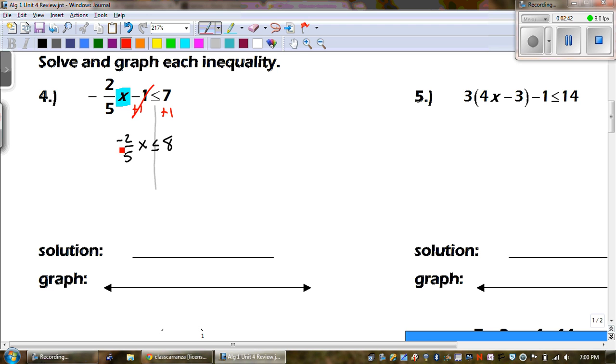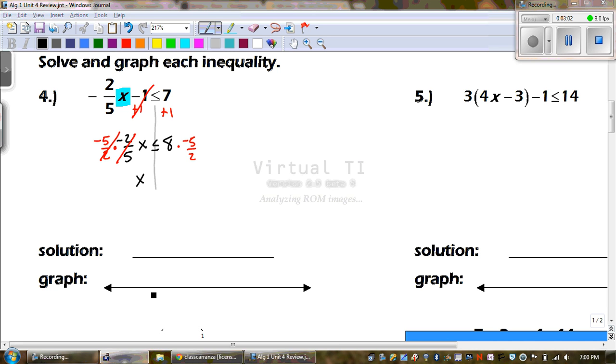Okay, now to get the variable by itself, we need to multiply by the reciprocal. Okay, so all you do is flip the fraction. Those cancel. We're left with x, and you have 8 times -5/2.